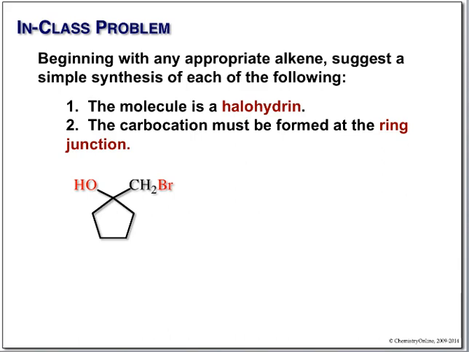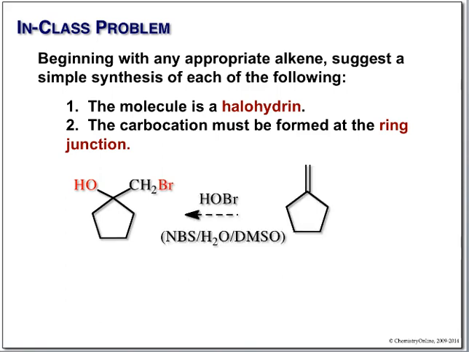These two carbons, here and here, need to be the carbons of the alkene, don't they? And our reaction conditions to make a halohydrin is simply going to be HOBr. These two carbons were the alkene carbons. We added bromine here, OH here.